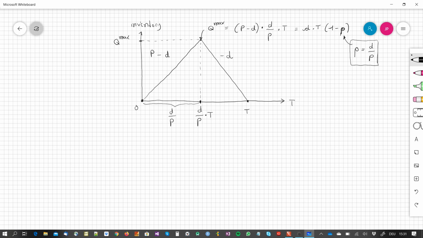What we want to know now is how much inventory we have during this time until we have to restart production in a new cycle, and then the whole cycle repeats itself in the same manner.